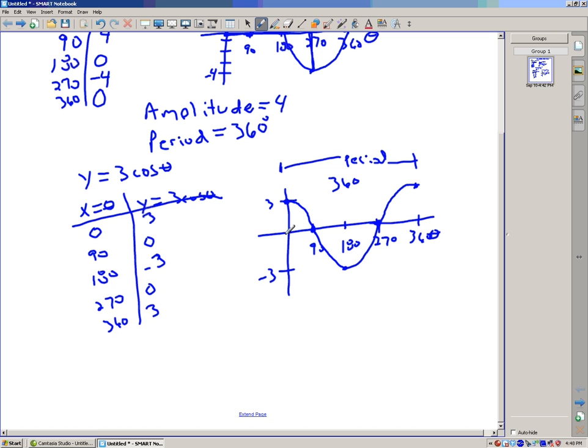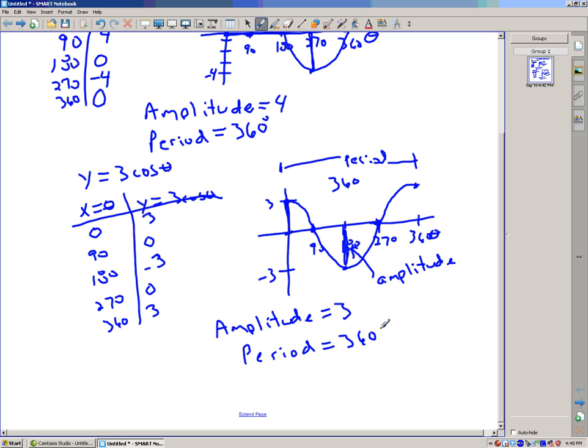And also from the symmetric horizontal center of our graph to a peak or down to a trough, either one of these, that defines our amplitude. And so for this graph, I'm going to have an amplitude of 3, and the period is equal to 360 degrees.